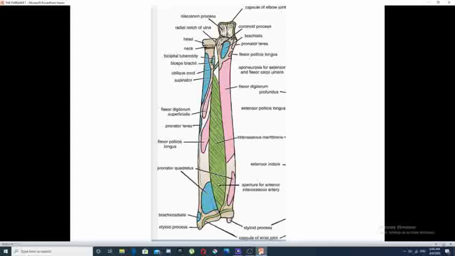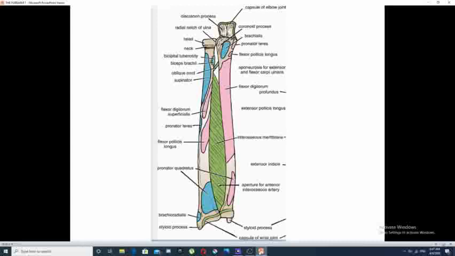First part, that's the skeleton of the forearm, which refers to the bones that form the framework of the forearm.